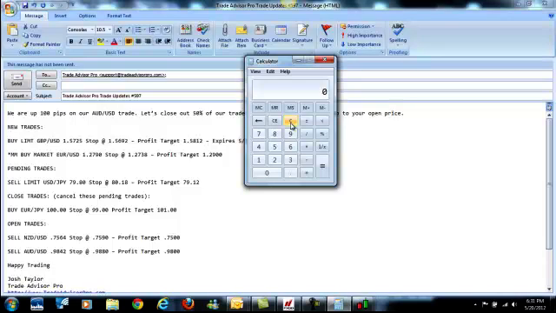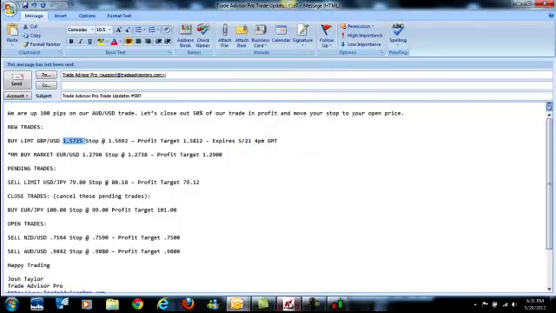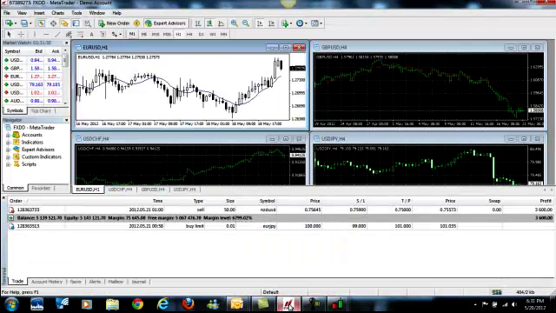Now if you're using standard lots, which are 100K lots, they are for most pairs $10 per pip. Now most of you are going to be using micro lots. I'll show you how to enter micro lots in just a minute. But I'm going to take $3,000, divide that by 10, and I'm going to be trading 300 round turn lots. So now I know my calculation.